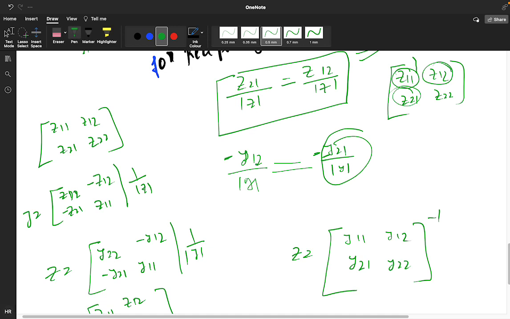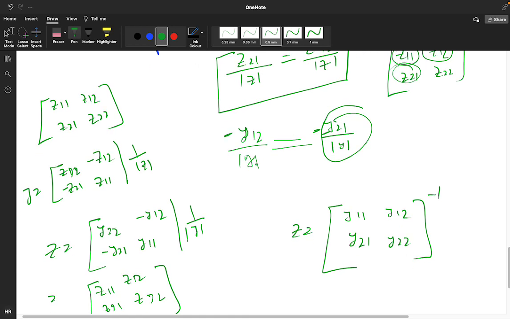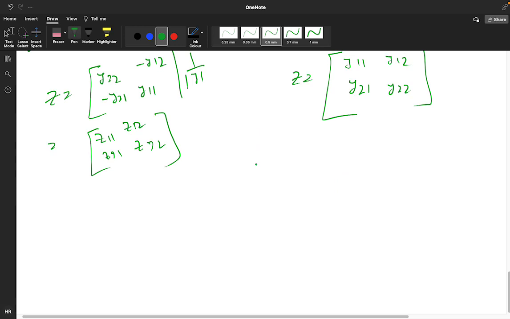Okay, so for reciprocity, write the crux, the important point. For reciprocity, you should have Z12 equal to Z21.